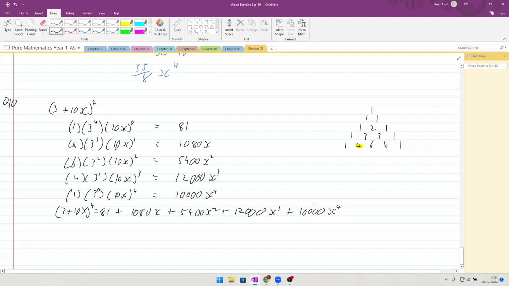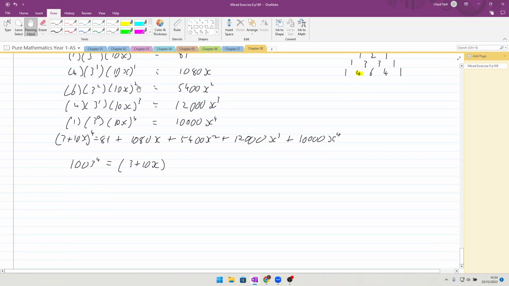Okay, part B. Use your expansion with an appropriate value of x to find the exact value of 1003 to the power 4. So if we say that is equal to (3 + 10x) to the power 4, we can take the 4th root through both of them.